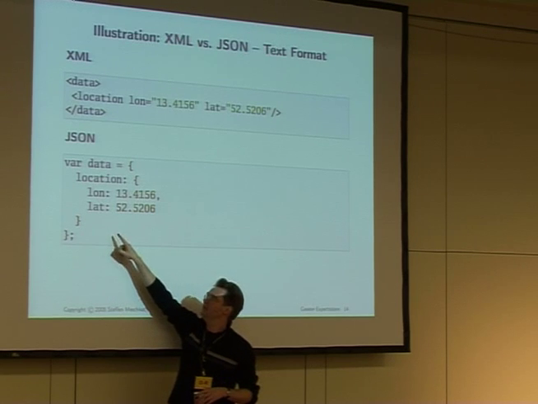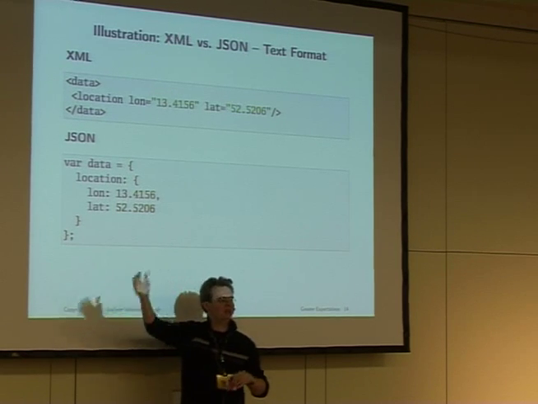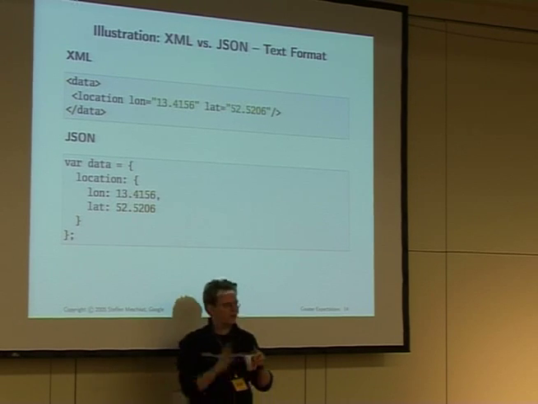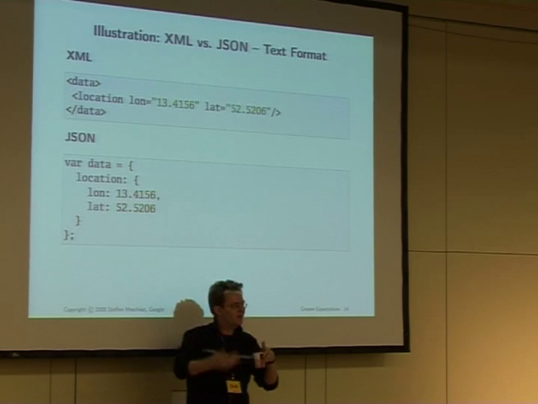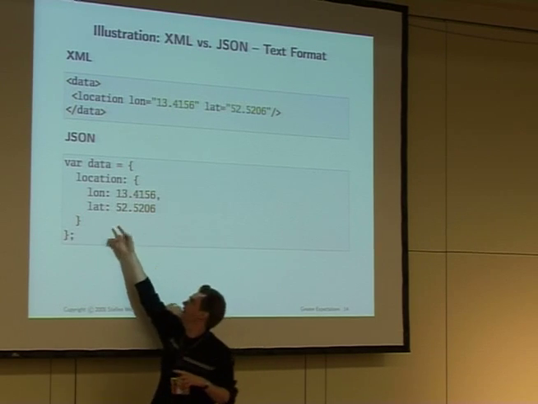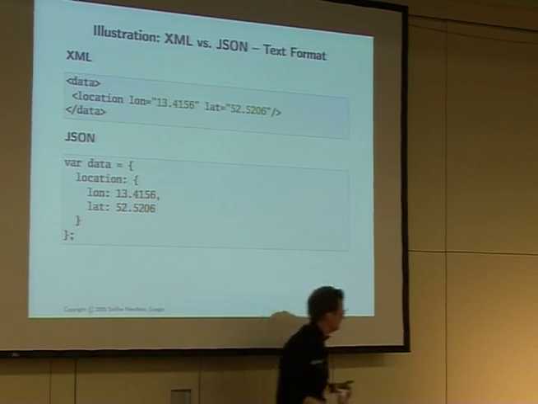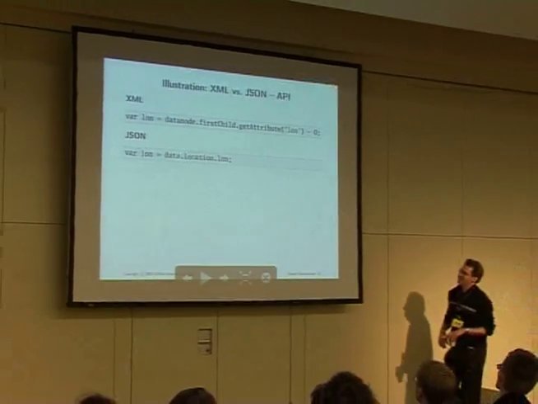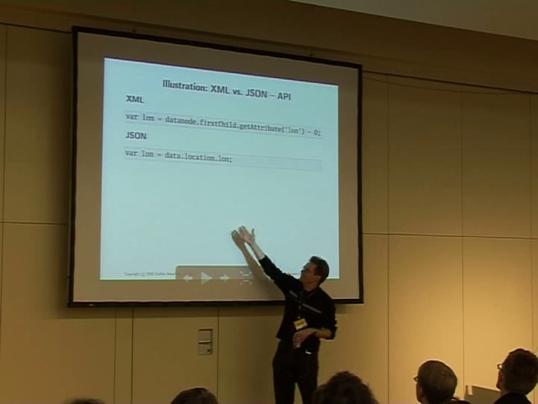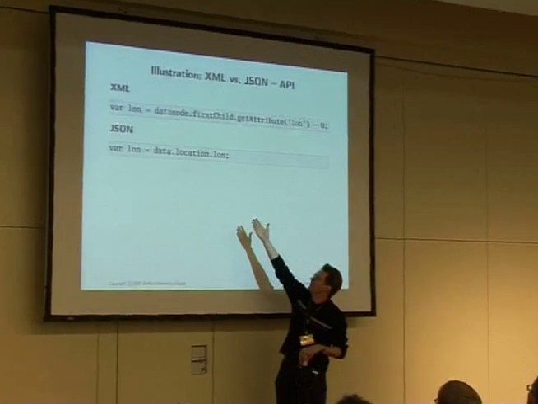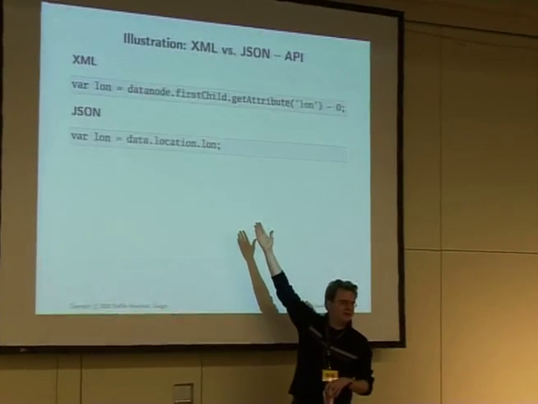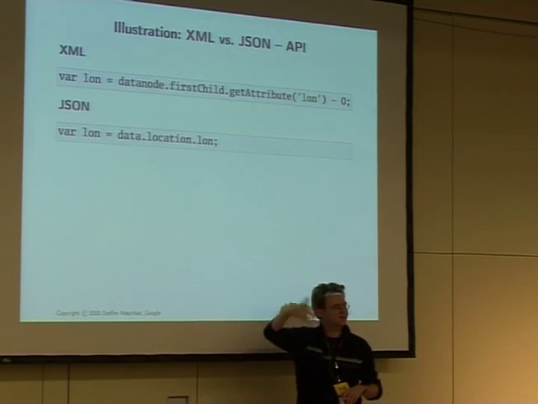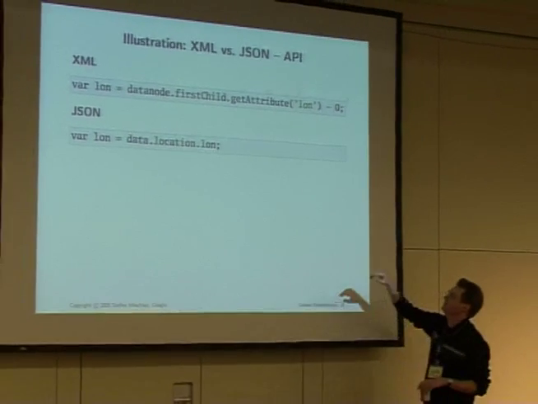But if you receive something like this as a text fragment in your HTTP response, then you can just call eval on it, and it evaluates to a JavaScript object that has these fields, as you see on the next slide. So after you've evaluated this, you have something that is called data, and it has a field location, and this has another field longitude. So you can access those values like you access properties in a JavaScript object.